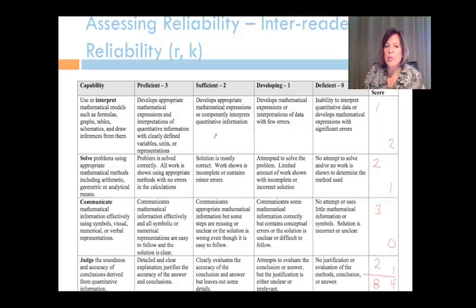Because the possible range on this rubric is basically from 0 to 12, because we have 4 capabilities and the max possible number would be 3 for each one. So the max here would be 12 points from 0 to 12. I would use the R, the Pearson's R, to check the reliability between the 2 readers.